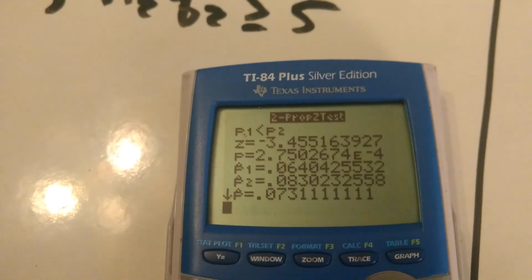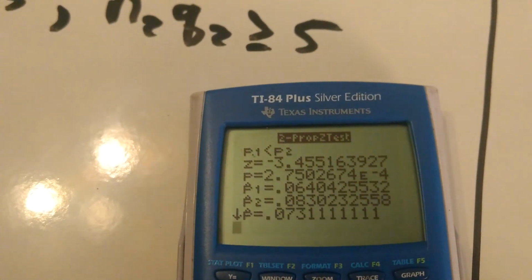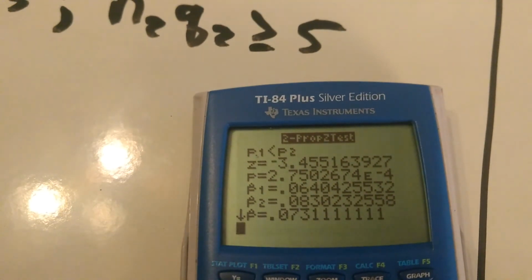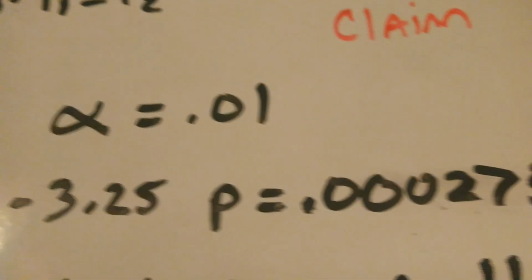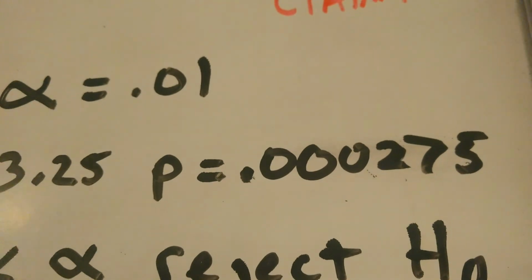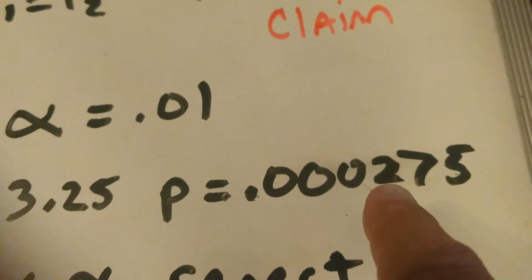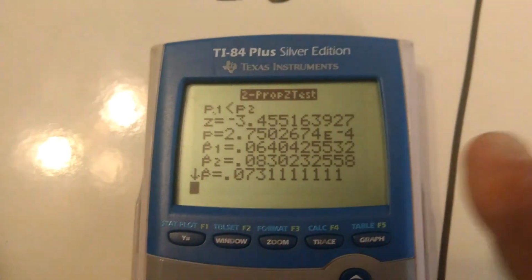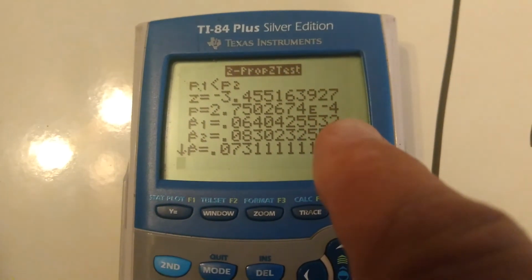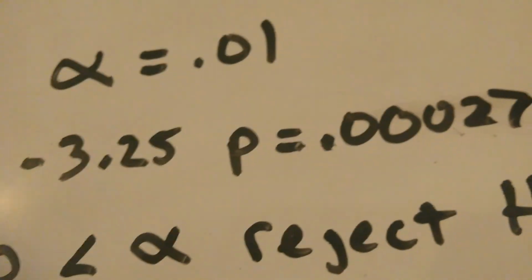So 2.75 times 10 to the negative 4th is really 0.000275. Notice that the 2 is in the 4th decimal place to the right. This says negative 4, so that negative 4 is telling you where to put the first number in the 4th decimal place to the right, which is what we did here.